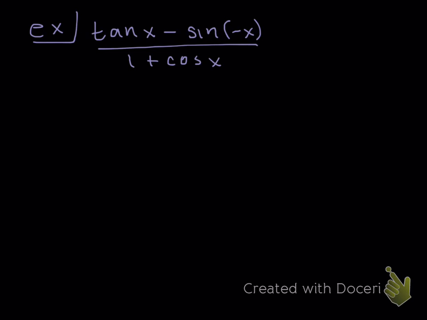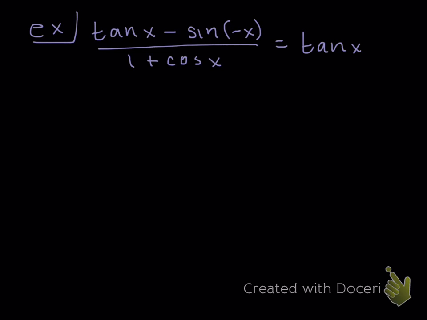is tangent of x minus sine of a negative x all over 1 plus cosine of x. And this is equal to tan of x. So the first thing we have to address is the fact that I have a negative angle.